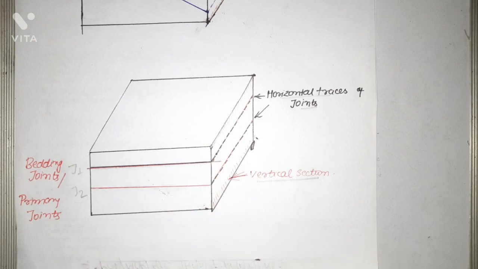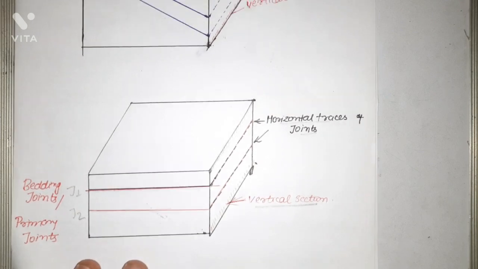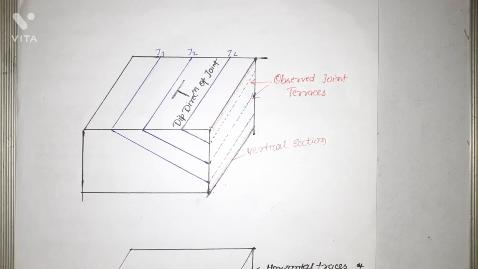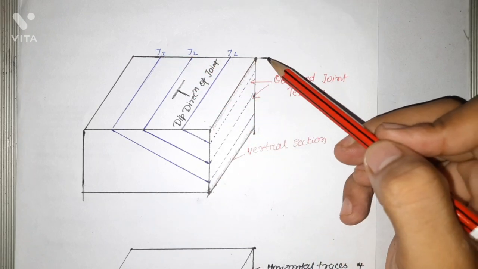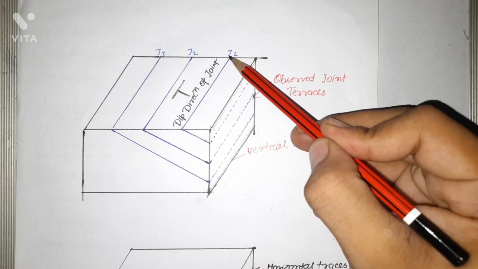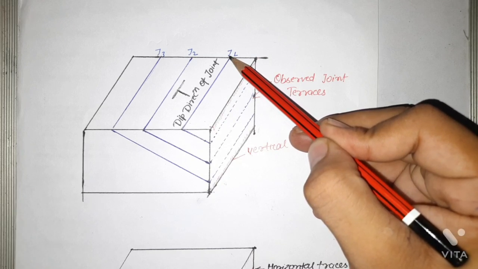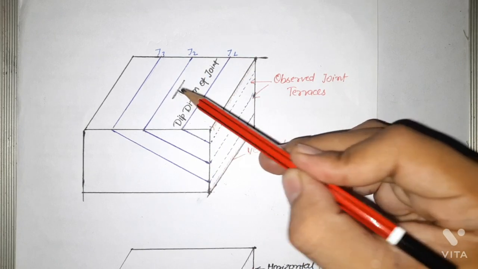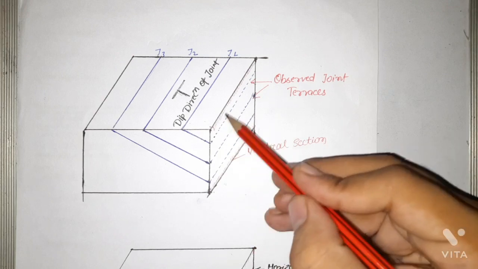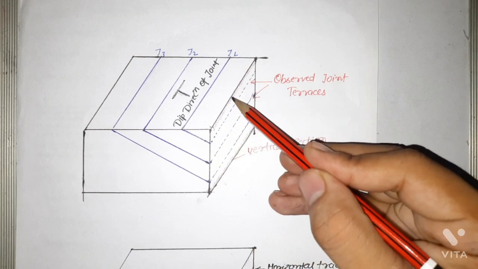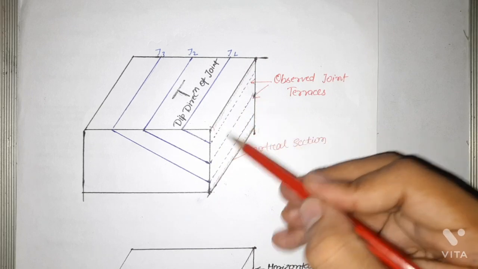Now let us consider another perspective. Say J1, J2 and J3, these blocks are dipping at some angle, that is, these have some dips, which may vary from 10, 30, 20, 40, 60, anything. Then if these have dip direction like this, we have to consider the section in which joint traces are horizontal, as mentioned in the question, that is, the vertical section in which joint traces appear to be horizontal.